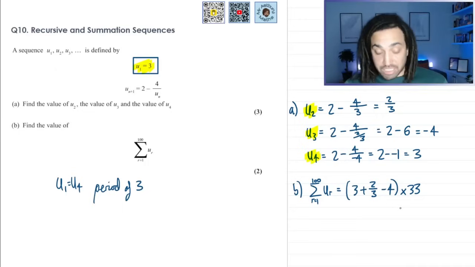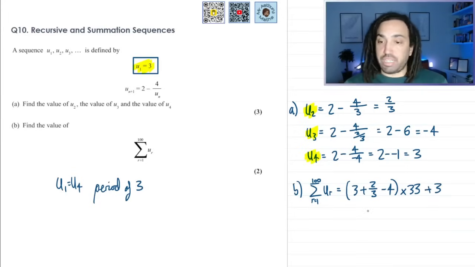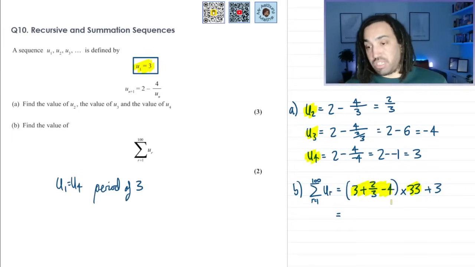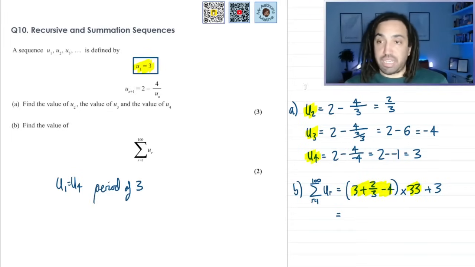Then the next term along will be the same as the first term, which is 3, so we need to add that on as well. And there we've got the first 100 terms. So we repeat them 33 times, which gives us 99 terms, and then add on the next term, which is 3.